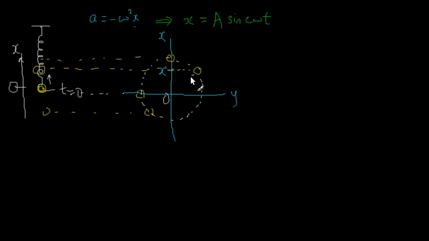Now, a ball going round a circle must always be accelerating towards the center of the circle, if it is a constant speed. And this acceleration is called centripetal acceleration.